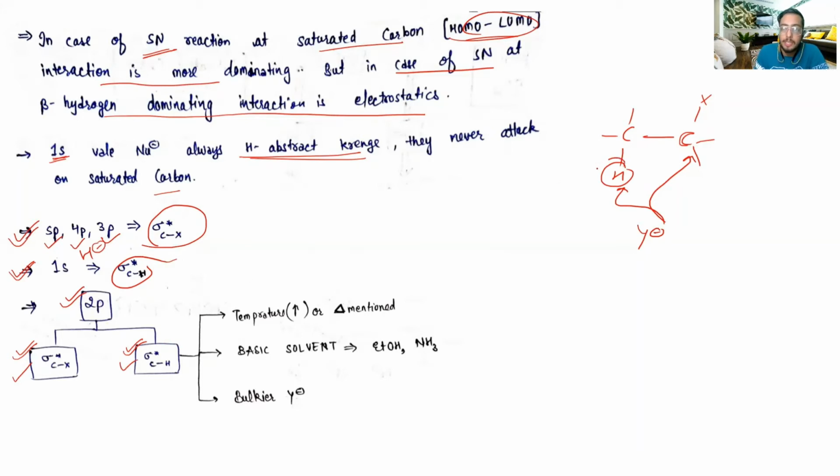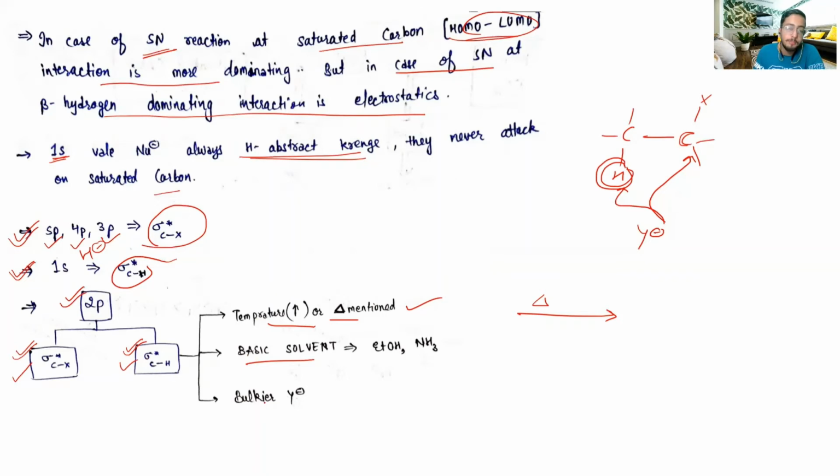They will attack the beta hydrogen only if there is a mention of temperature or heat in the reaction, that is, if there is heat or a temperature mention on the arrow, then the elimination product will be favored. Or a basic solvent is mentioned on the arrow, meaning we are doing the reaction in a basic solvent. In that case also it will attack the beta hydrogen.